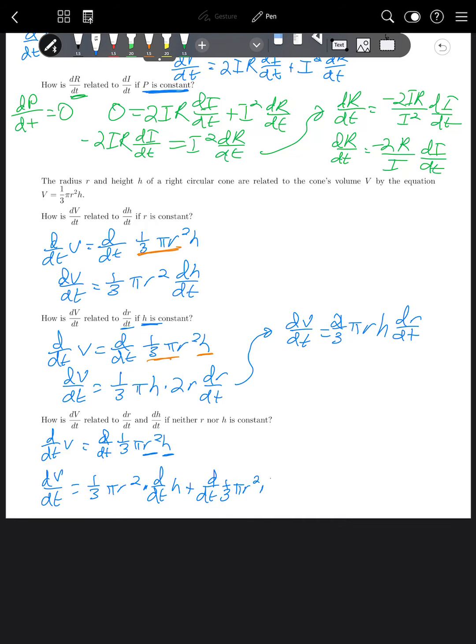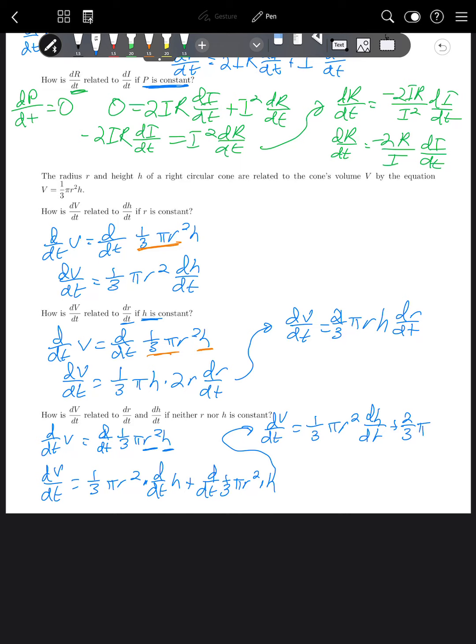Okay? So the derivative of h with respect to t is just dh/dt, and the derivative of 1/3 pi r squared is just 2/3 pi r h dr/dt. So notice we got the two pieces that we got up here.